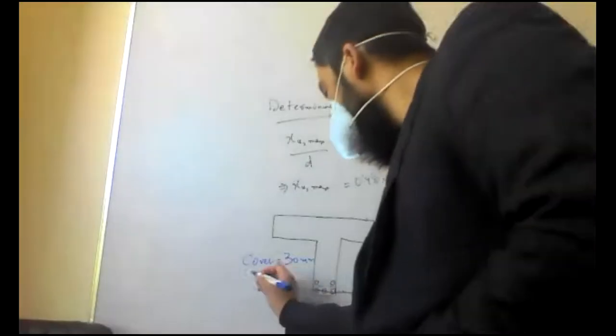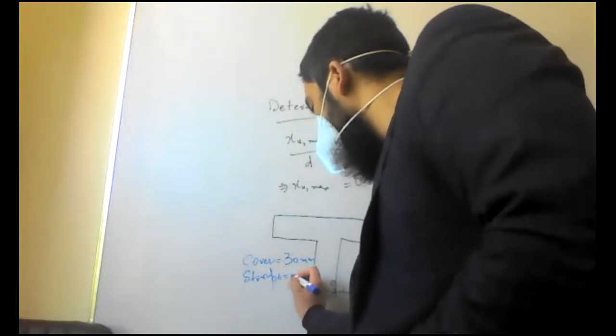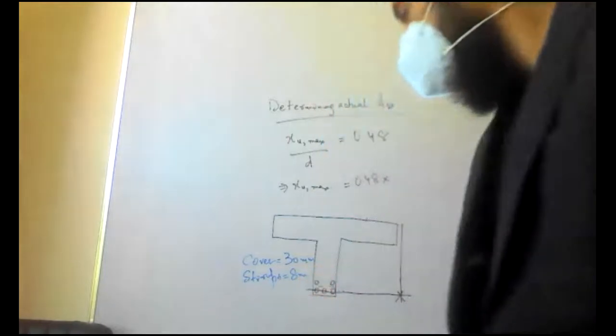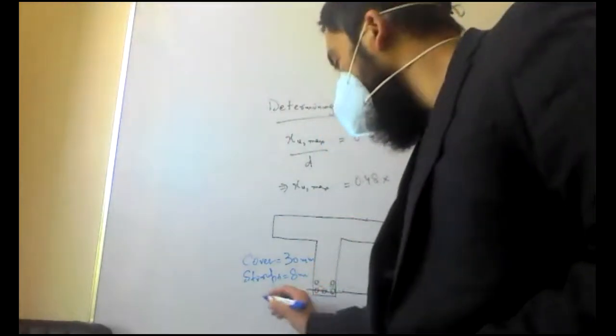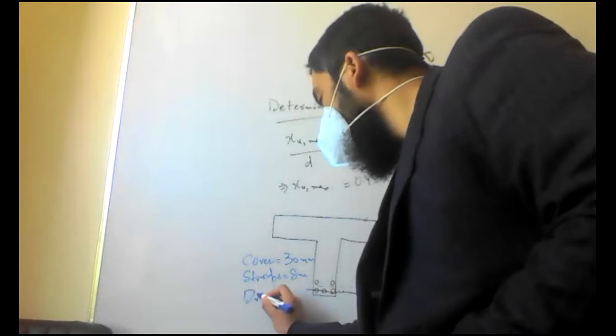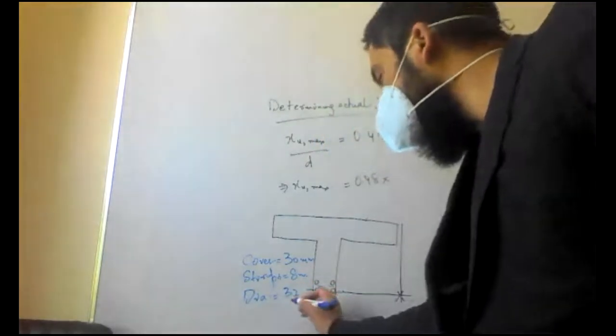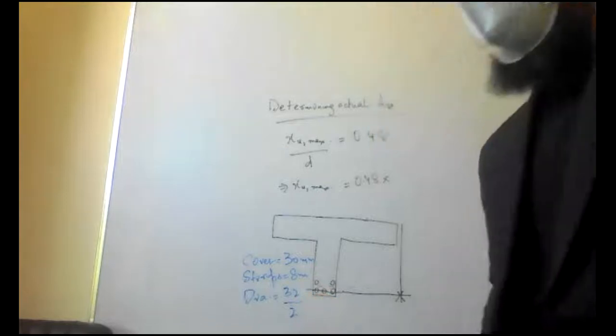Then stirrups, there will be stirrups. Let's assume that to be 8 mm. And then you have these bars, whose dia is 32. So let's take it at 32 by 2 itself.